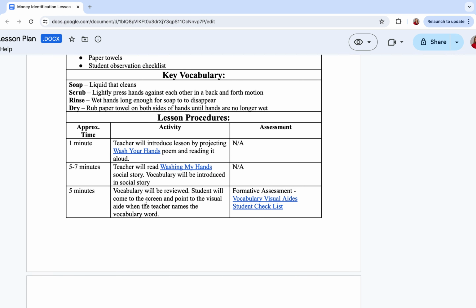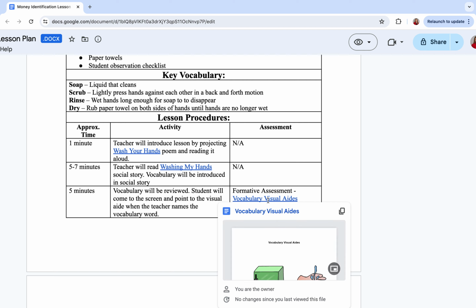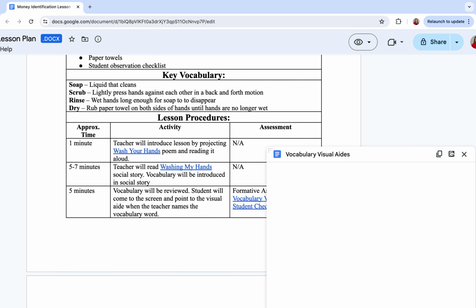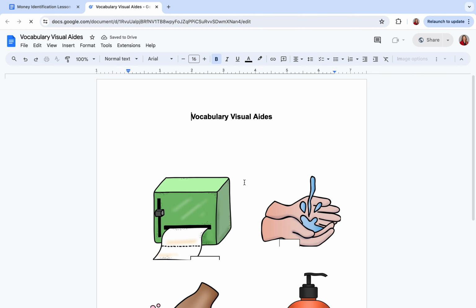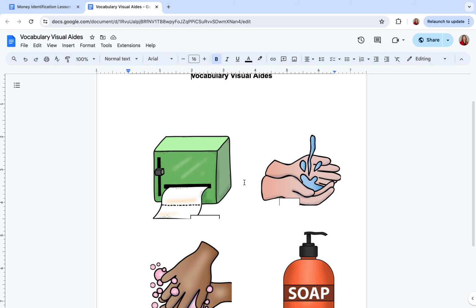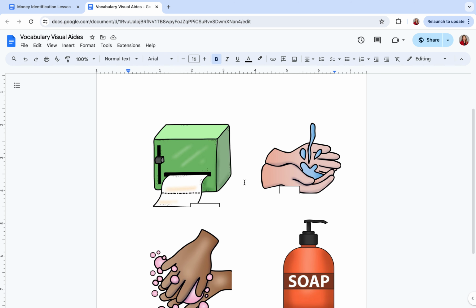The student will come to the projector screen and point to the visual aid when the teacher names a vocabulary word. During this time, this document will be projected onto the screen, and the teacher, or I, would move into more of a coaching role rather than an instructional role.